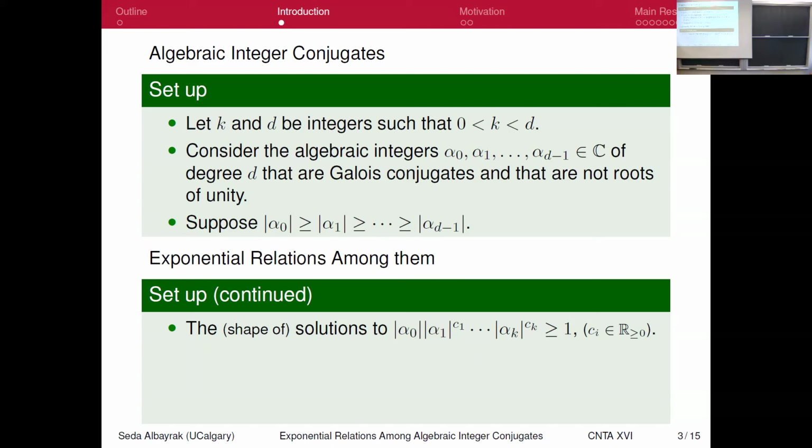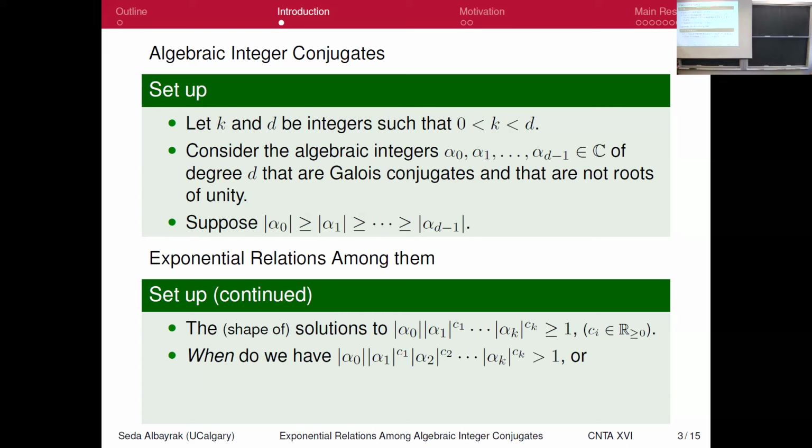By the solutions, I mean the C1 to Ck that satisfy this type of inequality with the alpha i's as in the setup here. And here, all the Ci's are non-negative real numbers. So we want to look at the set of all solutions, and we're going to be asking this question: what is the shape of the set of solutions in terms of geometric shape?